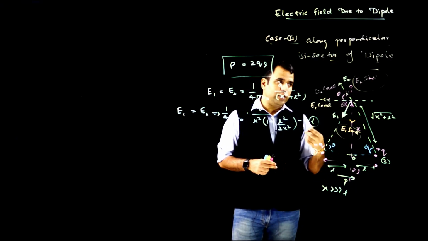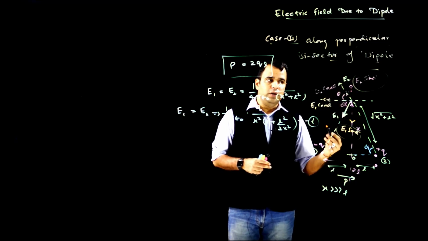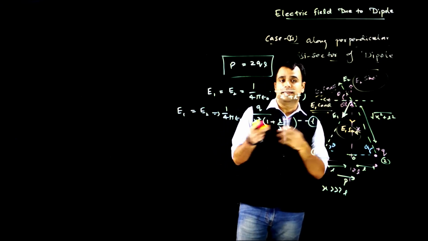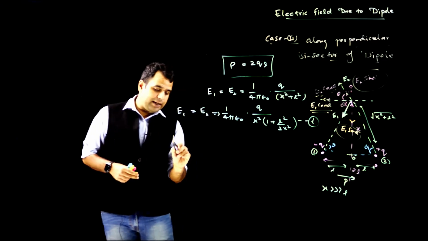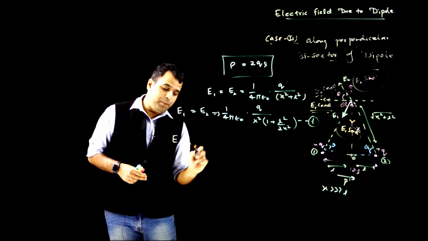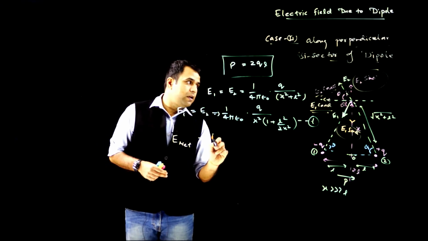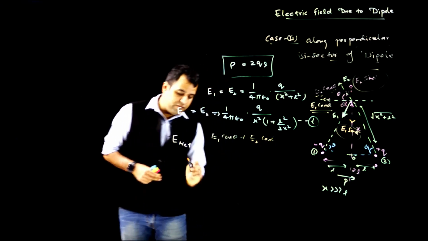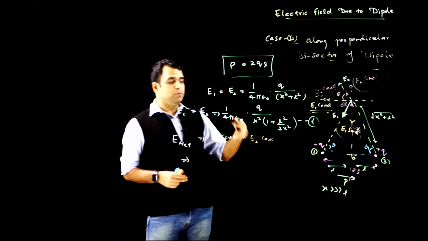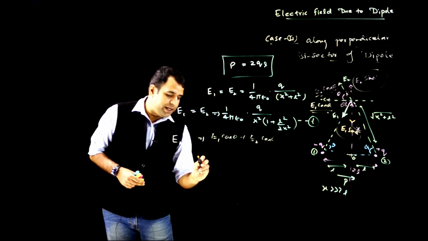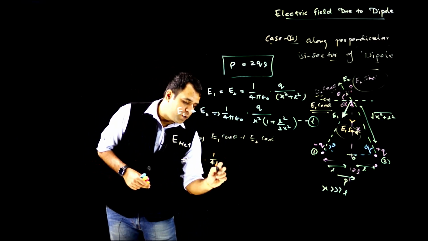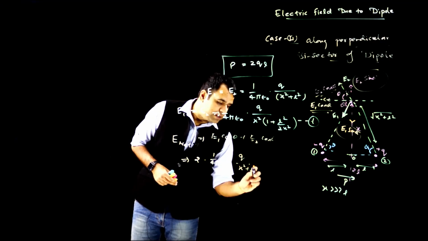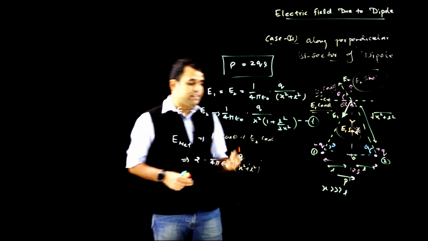So when you take the resultant of E1 and E2, the resultant will be E1 cos theta plus E2 cos theta, because both are in the same direction. So the net electric field at point P will be E1 cos theta plus E2 cos theta. Since E1 and E2 are both the same, it will be 2 times 1 upon 4 pi epsilon naught, Q upon x square plus L square, multiplied with cos theta.